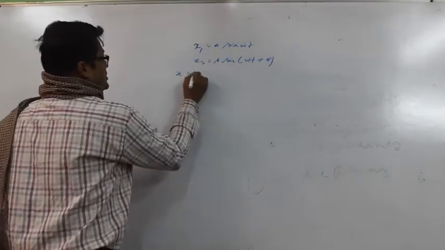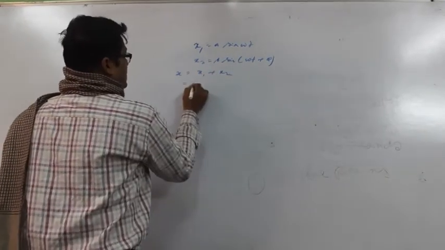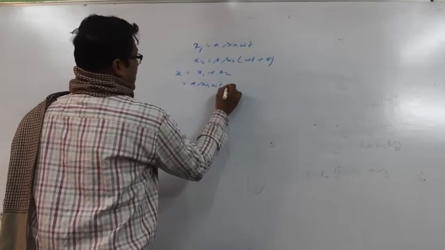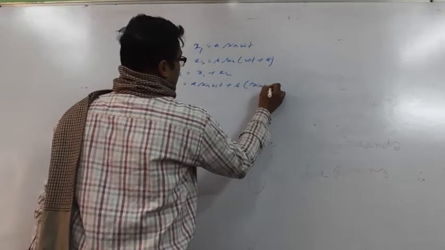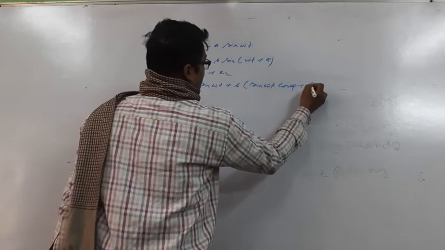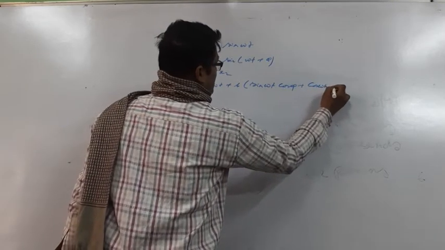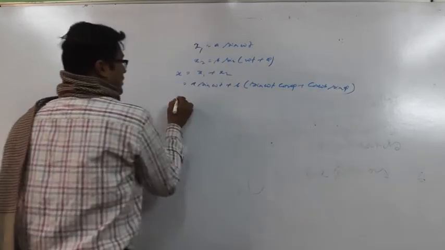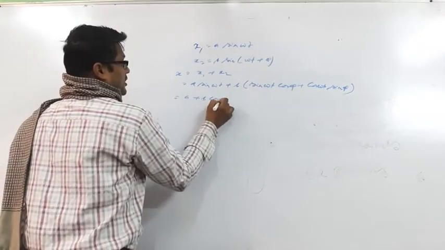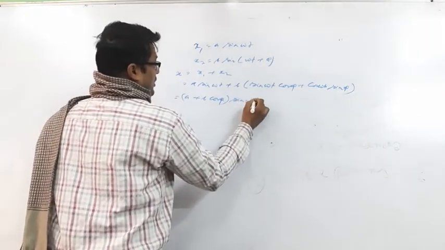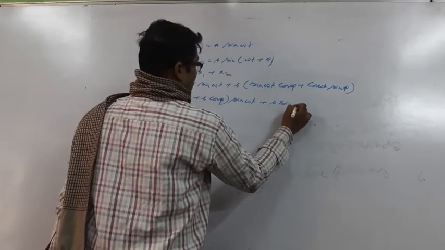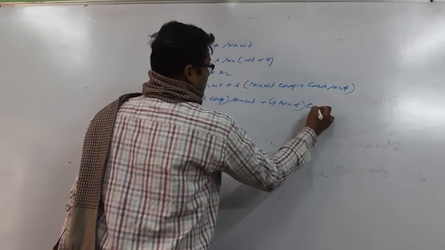Then displacement x equal to x1 plus x2, that is a sin omega t plus b (sin omega t cos phi plus cos omega t sin phi). Okay, that is (a plus b cos phi) sin omega t plus b sin phi cos omega t.